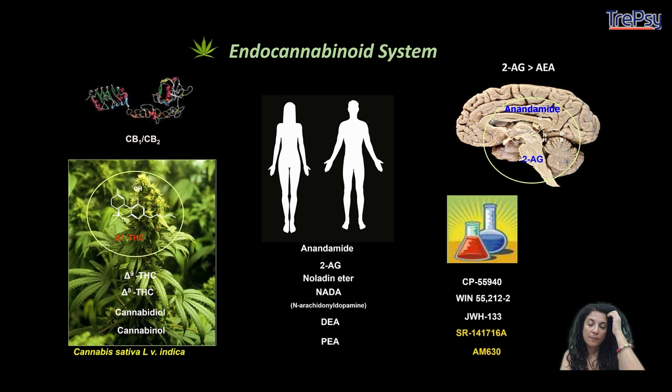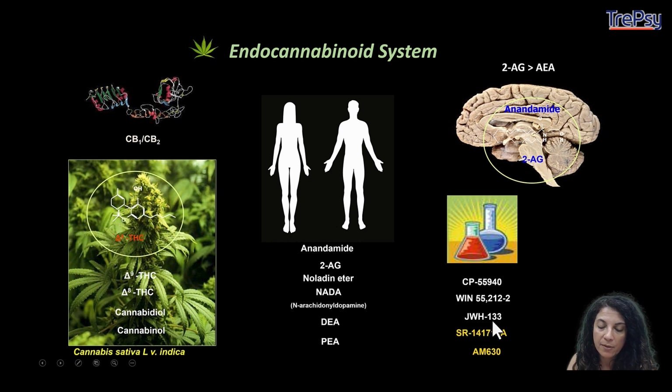For example, agonists of the CB1 receptor like CP55,940 or WIN55,212-2, or agonists of receptor 2 like GW833, or antagonists for CB1 or CB2.